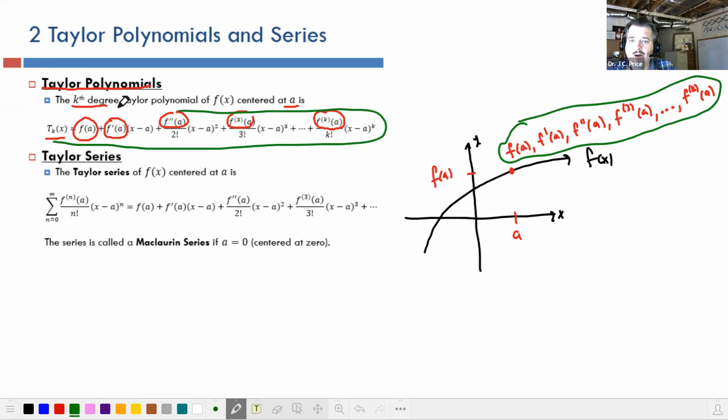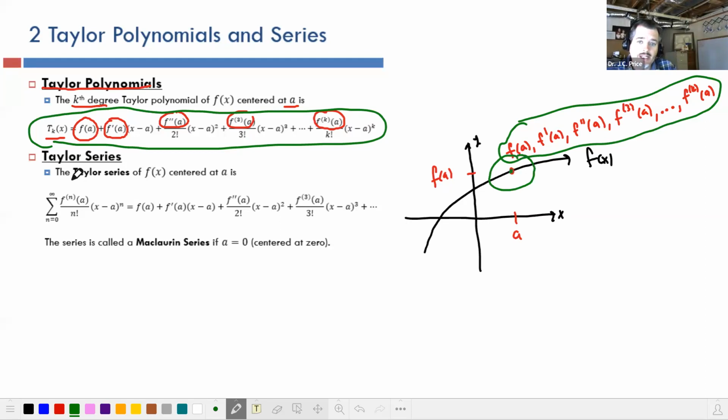It turns out that this polynomial gives a pretty good approximation for the function at that point. Now, outside that point, it may get a little bit chaotic, in the sense of not actually looking like the function, but around it, it looks almost like that function, especially as k gets bigger and bigger.